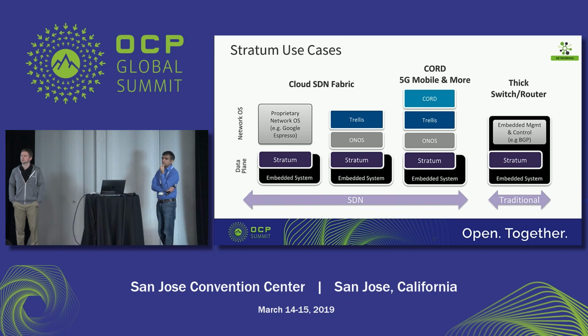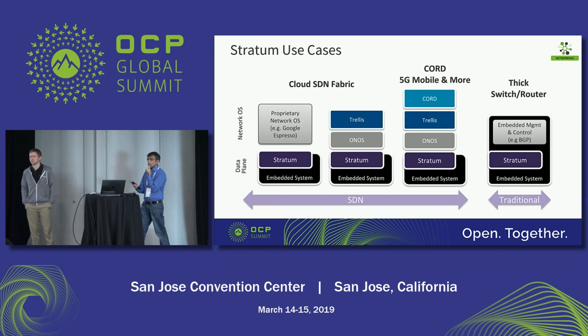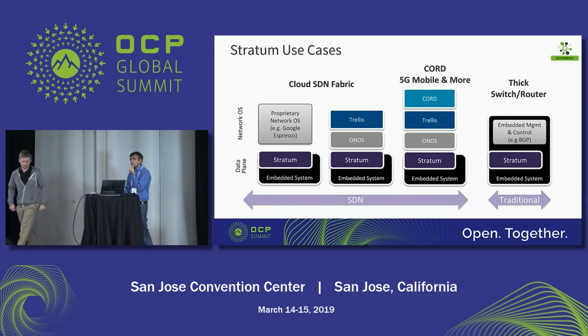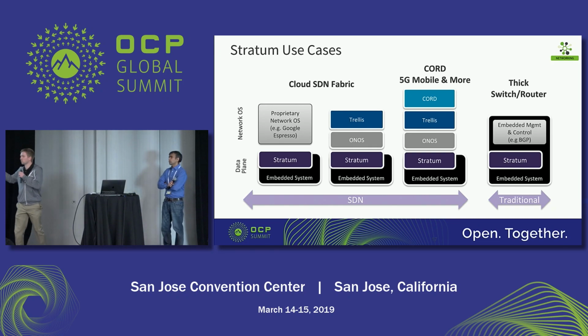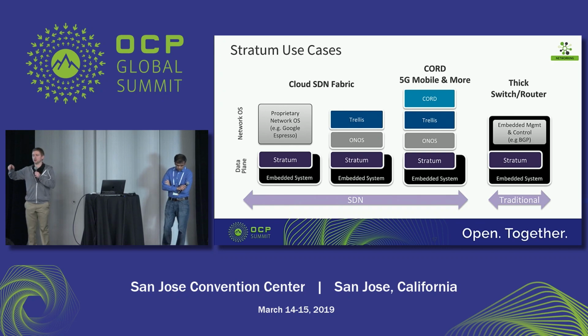So in terms of the feature support, I don't recall seeing a roadmap there for specific forwarding features. Okay, forwarding features. Do you want to talk about what features are going to be supported? For forwarding features, it depends upon the target.